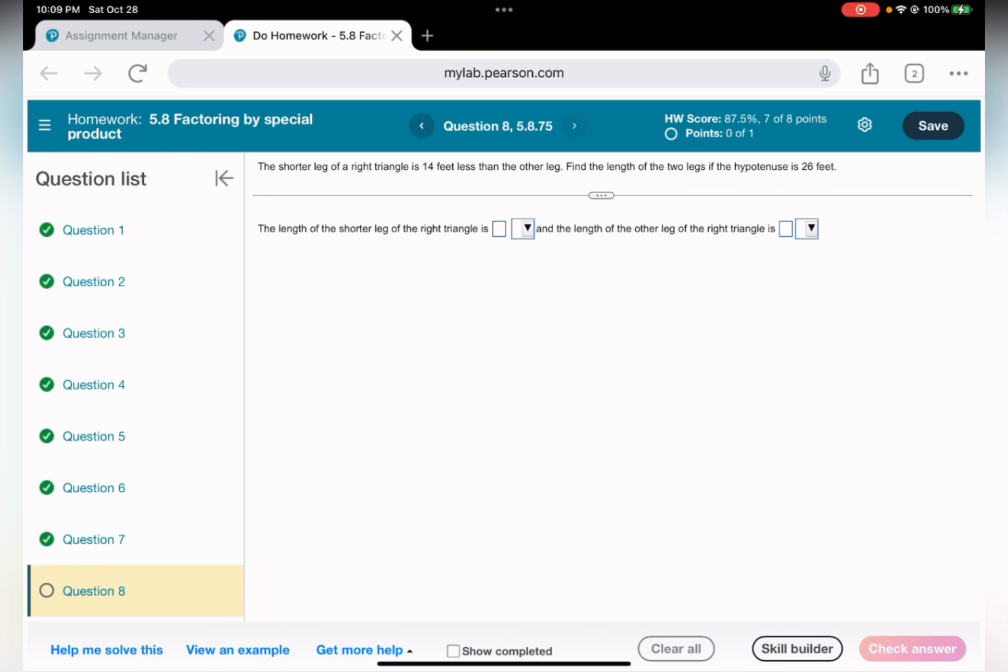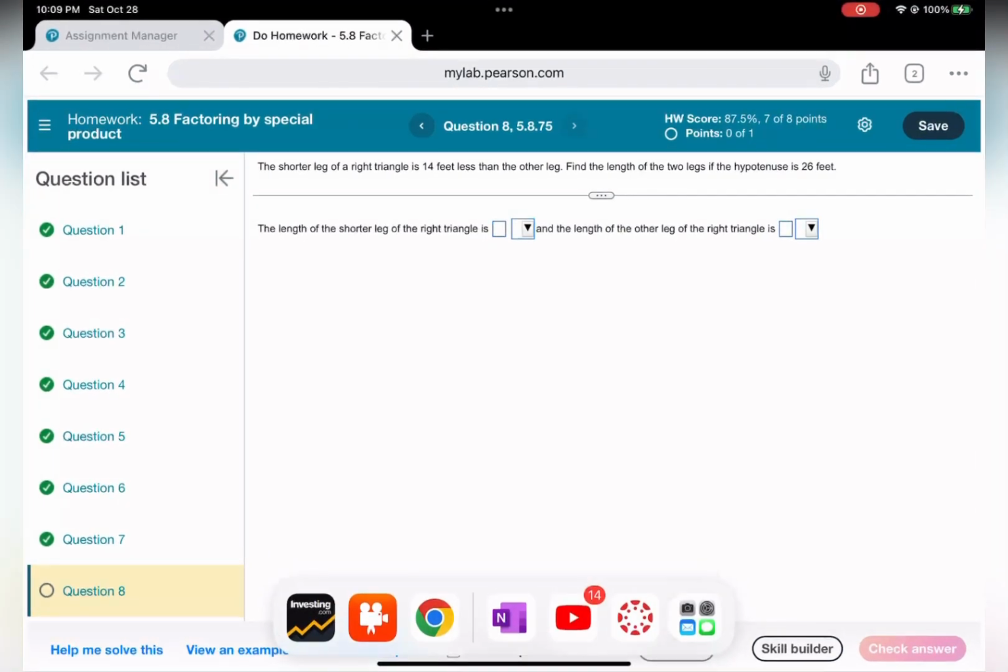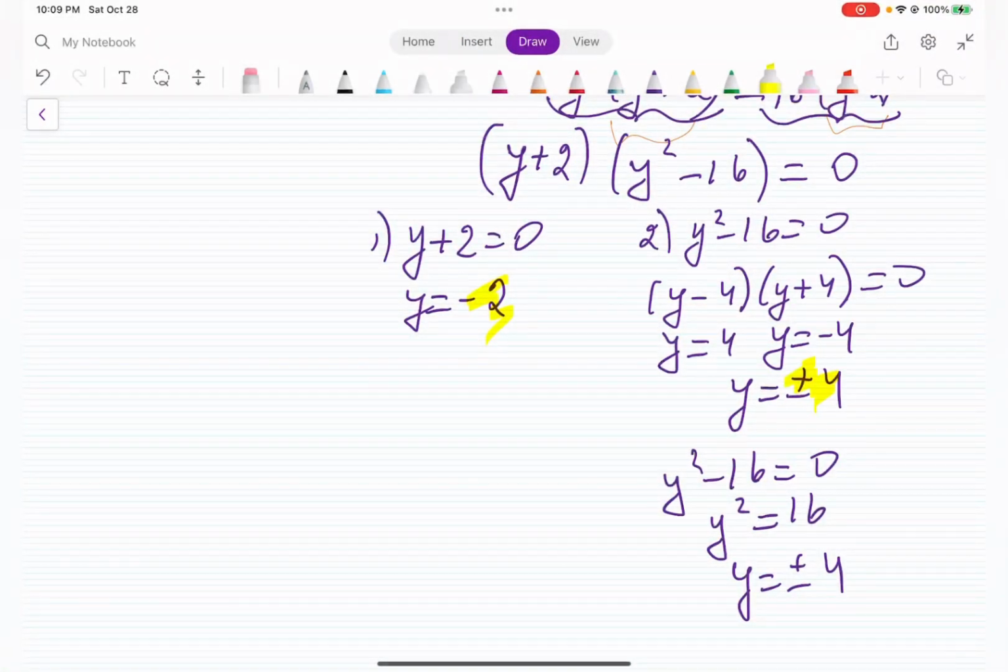Find the length of the two legs if the hypotenuse is 26. So one leg is x, the other leg is x minus 14, and the hypotenuse is 26.